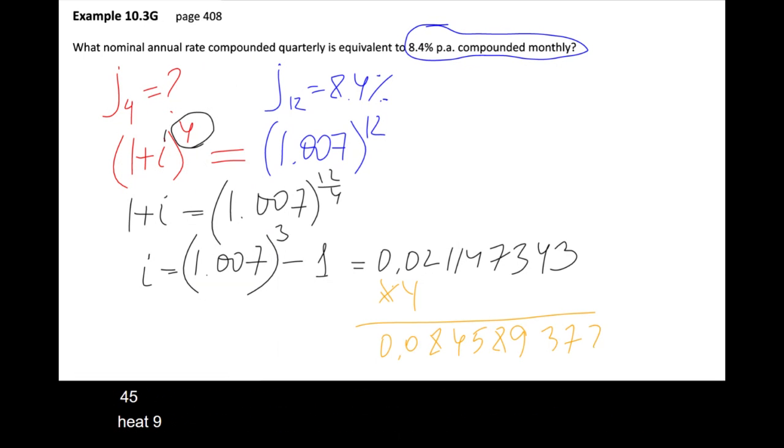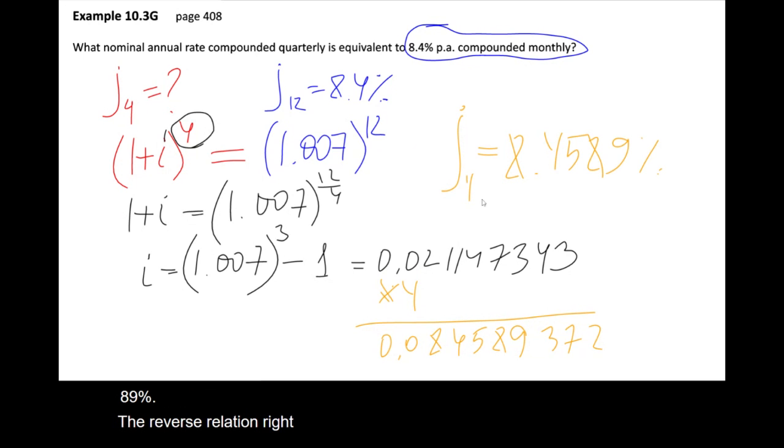0.084589372. So J4 I can say is 8.4589%. Now, the reverse relation, right?